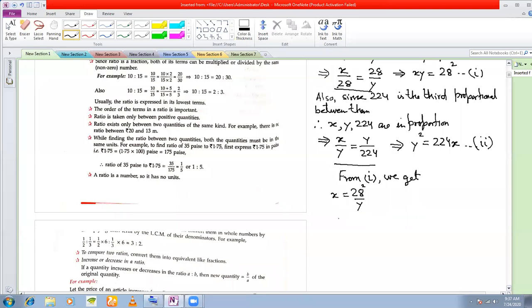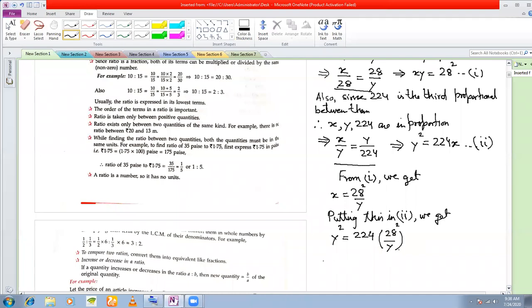Putting this in 2, we get y square is equal to 224 into 28 square by y.